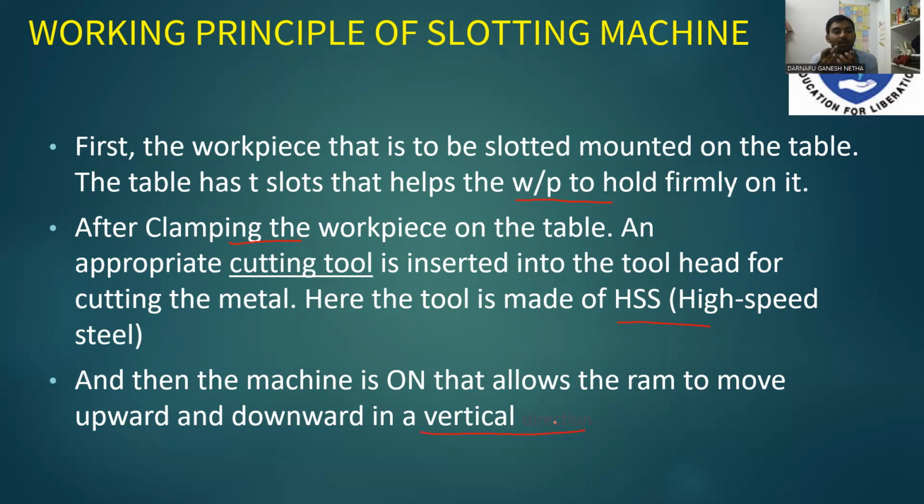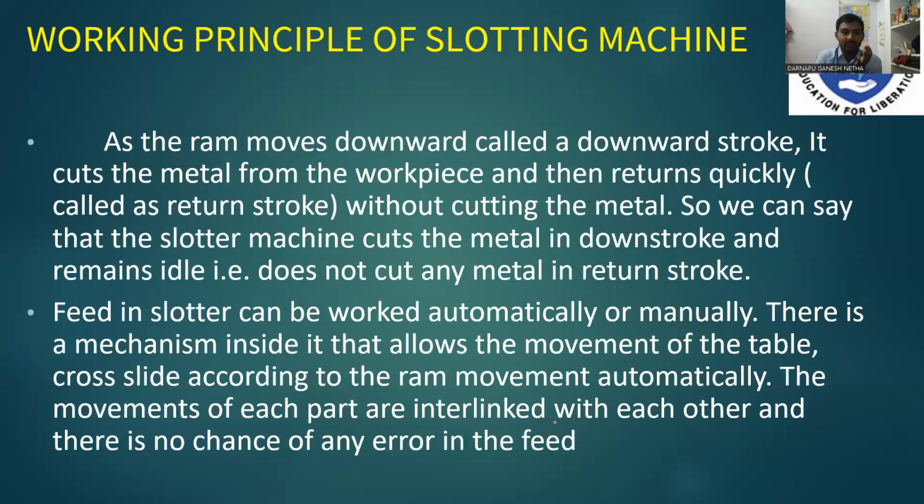The tool is made of high speed steel material. Then the machine is turned on and the ram moves downward, called the downward direction. All these points we already discussed in the first slide, comparing the slotter, shaper and planer machine.